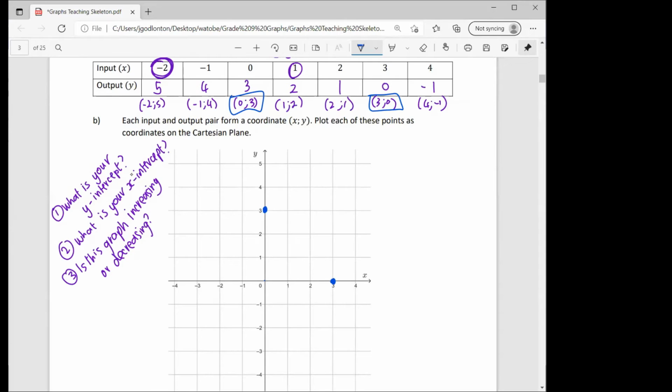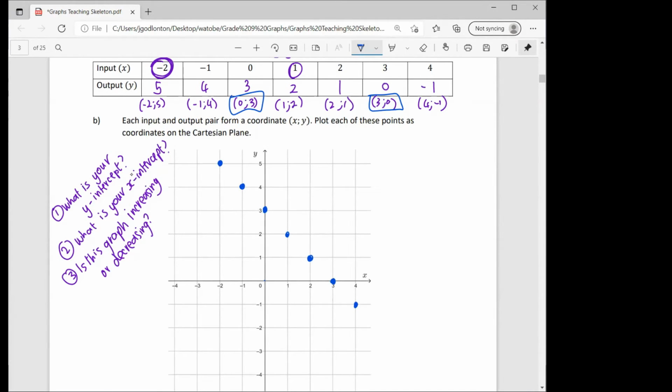Okay. It just takes a bit of practice. Let's plot some of these other ones: -2 and 5, -1 and 4, 1 and 2, 2 and 1, and 4 and -1. And remember, if you've drawn this, yours might not be a beautiful straight line because it's not all in proportion.